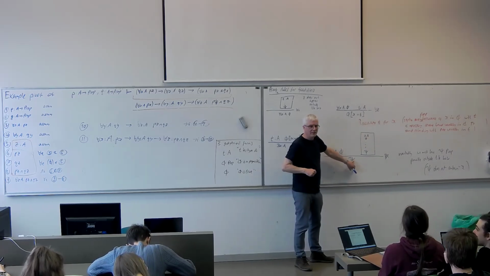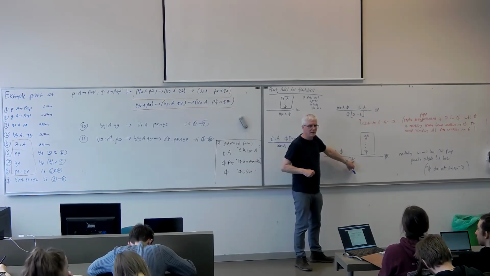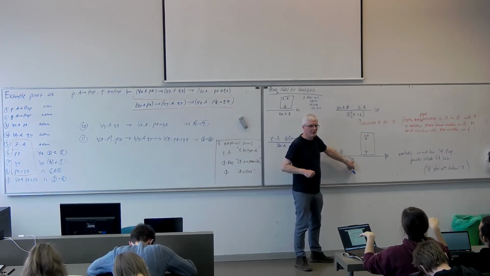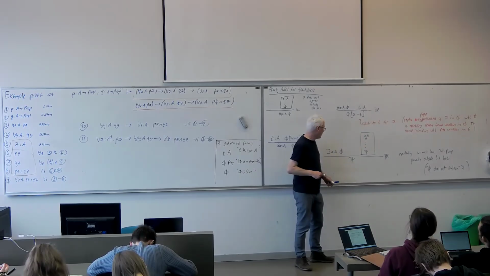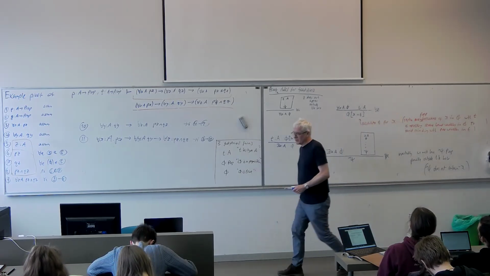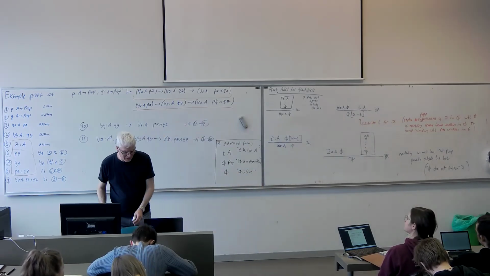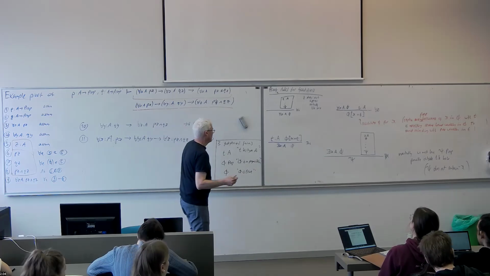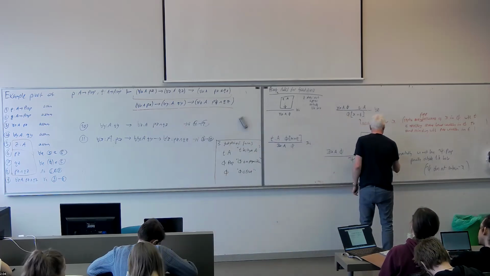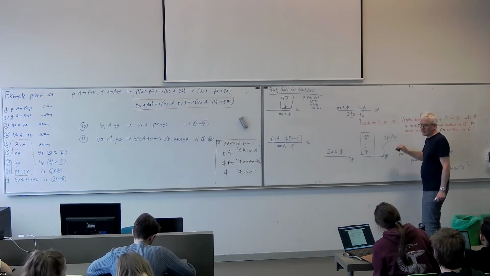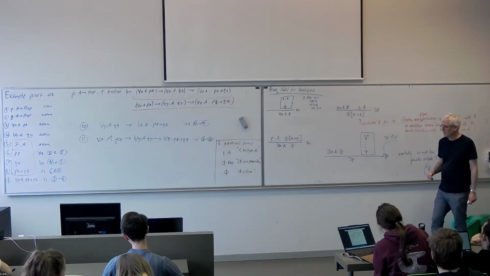Yes? We need to establish that psi is a proposition. I mean, do we need to write this on the line somewhere to know that? Right. Yeah, that's a good question. I think I understand your question is, should we put these in the rules? So really, if we're being very formal, we should have another premise here that psi is a proposition.